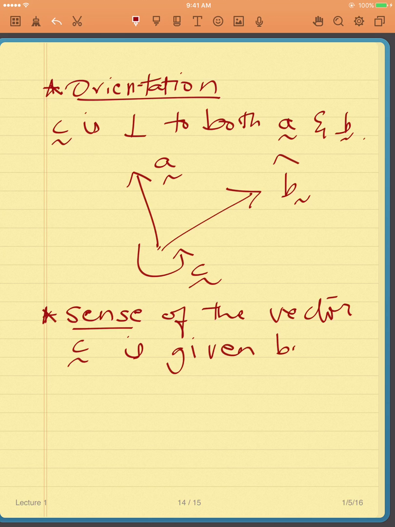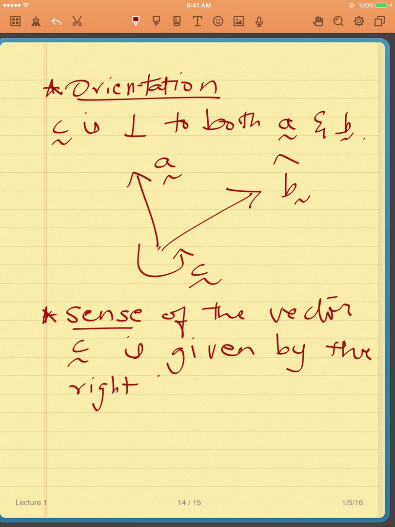We will go over this through many problems in the classroom, but one way of looking at it is this: if you take the vector A and sweep it into the vector B, using all the fingers, not the thumb, of your right hand, by the way, and curl them into the vector B, then your thumb is left pointing in a certain direction, and that direction tells you the sense of the vector. So it's given by the right hand rule.